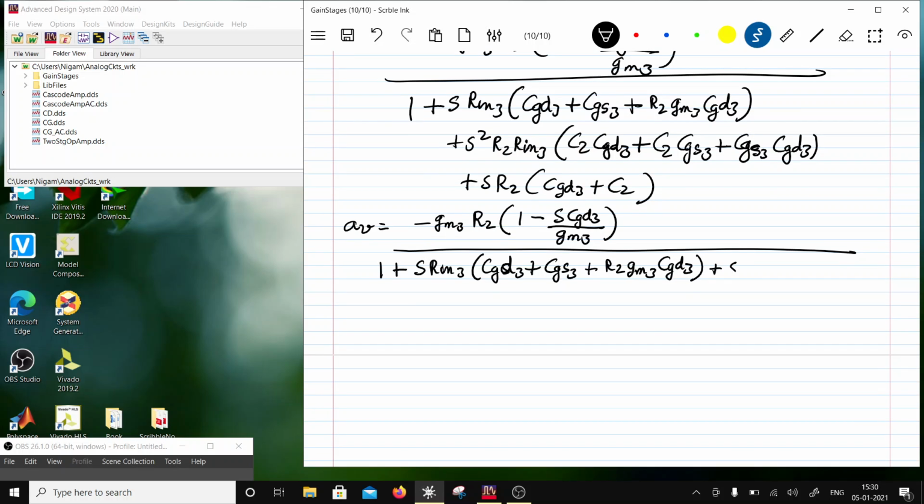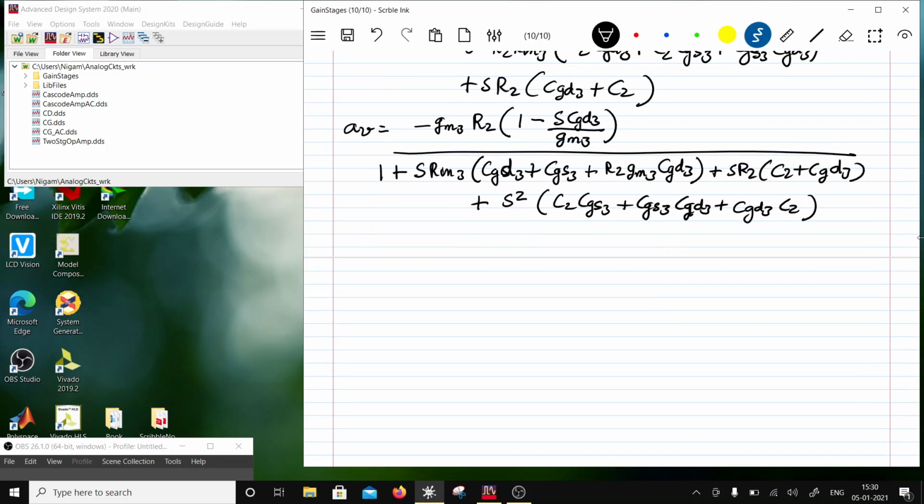And then there is a SR2 term of C2 plus Cgd3 plus you have S square term of multiplication of C2 Cgs3 plus Cgs3 Cgd3. So this is cyclic multiplication, Cgd3 to C2, right?